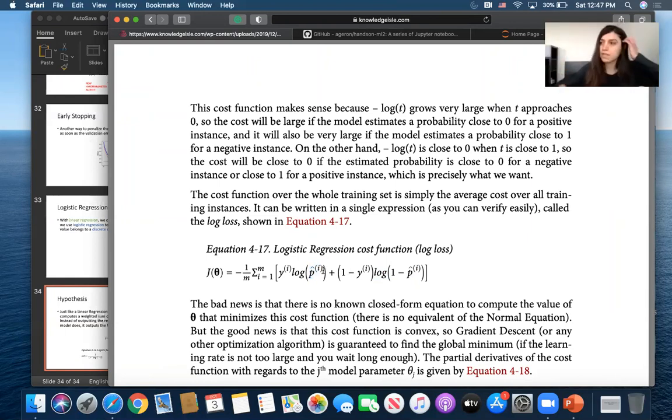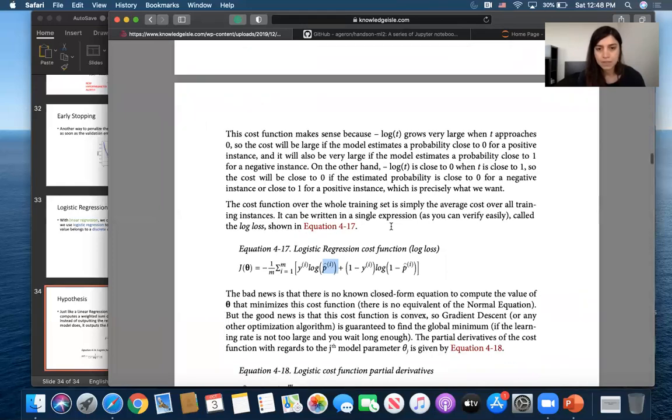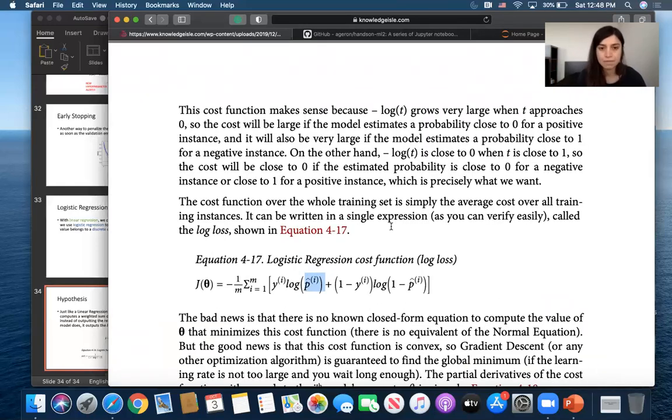So for example, y is supposed to be 1, but our prediction is 0. The logarithm of 0 is infinite. So in that first part, it's going to go very high, and it doesn't matter what the second portion of the equation is. It's already infinite.